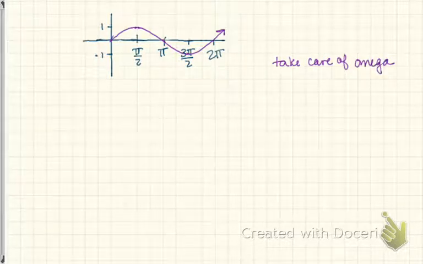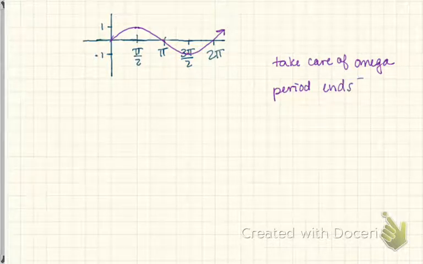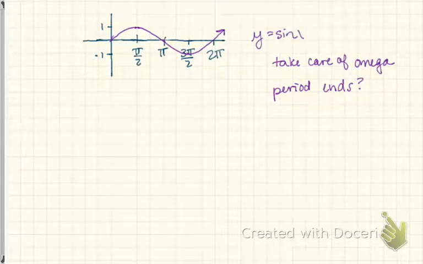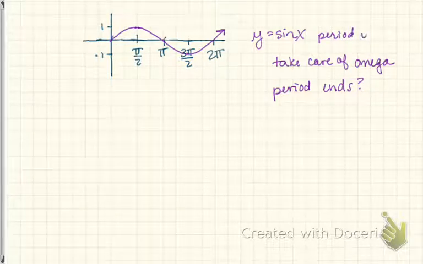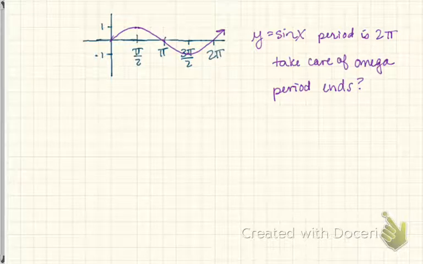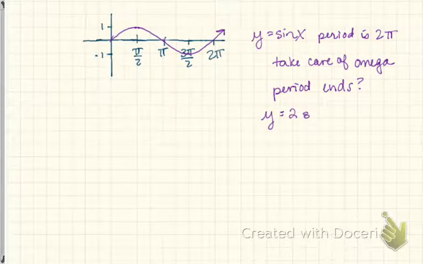To do that, I have to figure out where the period ends. In the regular graph, y equals sine x, which I just drew, the period is 2 pi. Okay? Now, we're looking at sine of 2x.